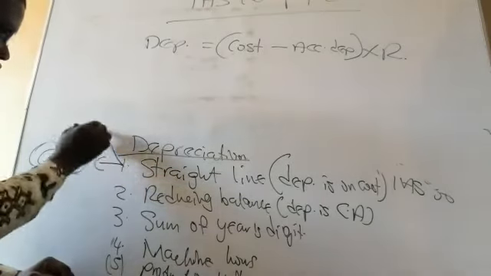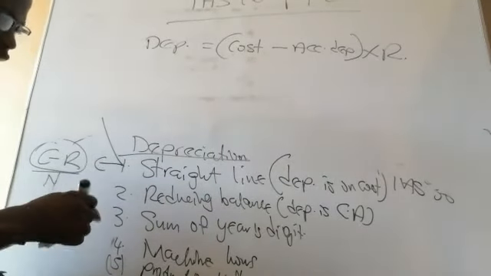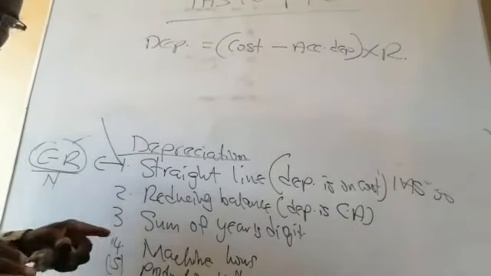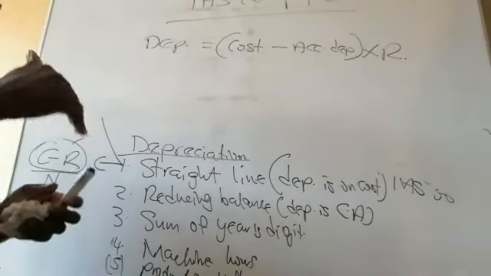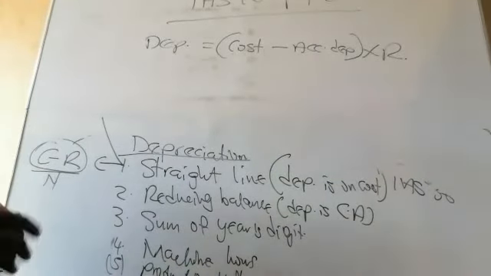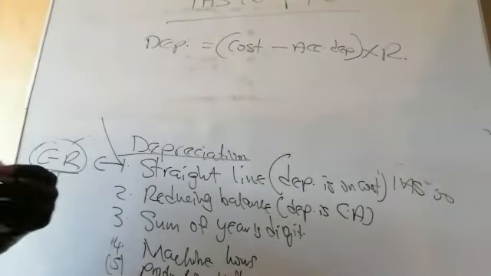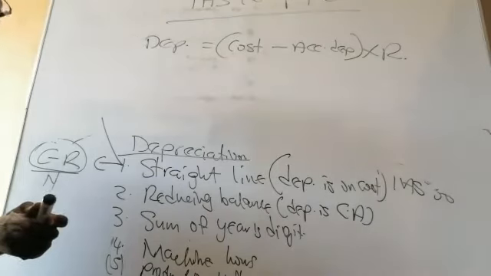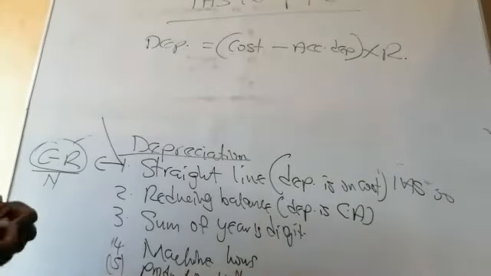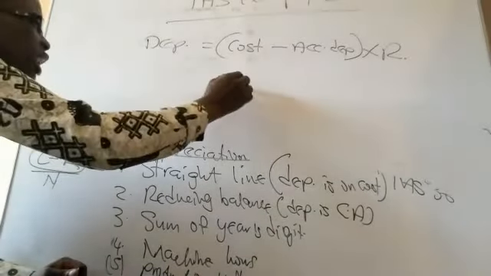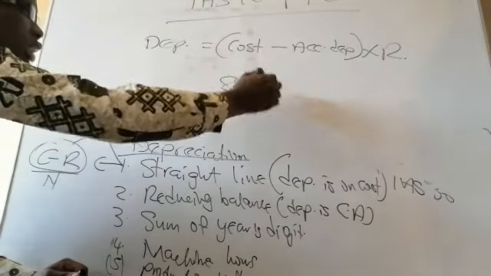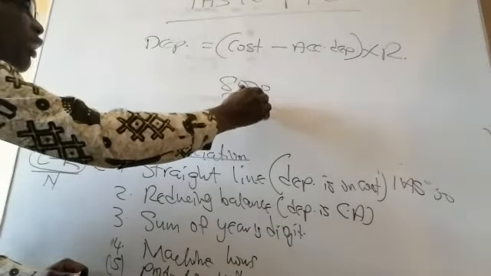Straight line assumes that the asset value reduces at a constant rate. So every year, 250 must be subtracted. That is the straight line. Reducing balance says no. The asset value reduces at a what? At a reducing rate. So if this year you charge, let's say, 8,000, next year you charge something like 7,500.